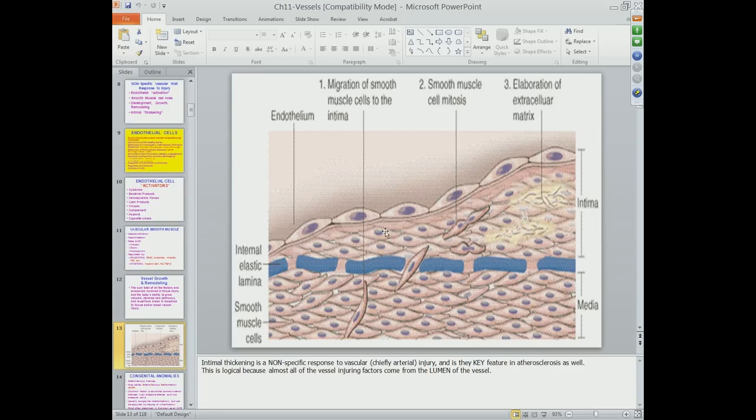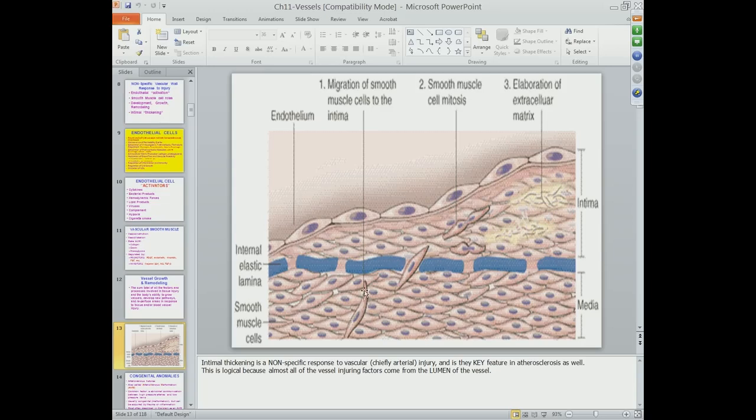Now remember, there's a little bit of connective tissue underneath that endothelium. And then you have the internal elastic lamina, if you're an artery. And then on the other side of that is now the media of the artery, in which your predominant population is smooth muscle cells.